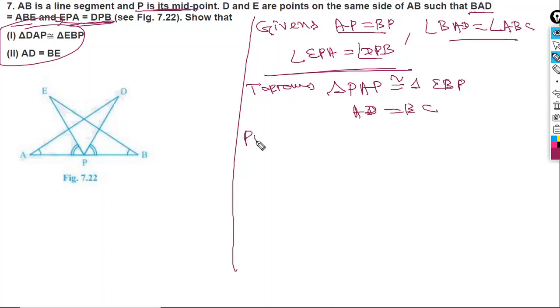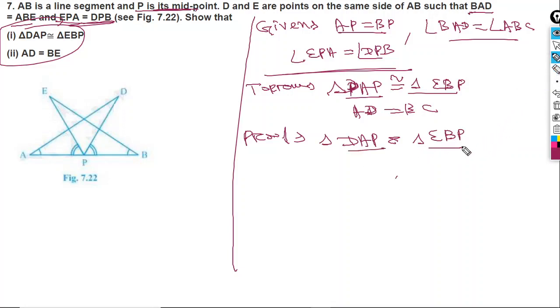Now we'll move to the proof section. Again, in between these two triangles, triangle DAP and triangle EBP, now look at the figure.